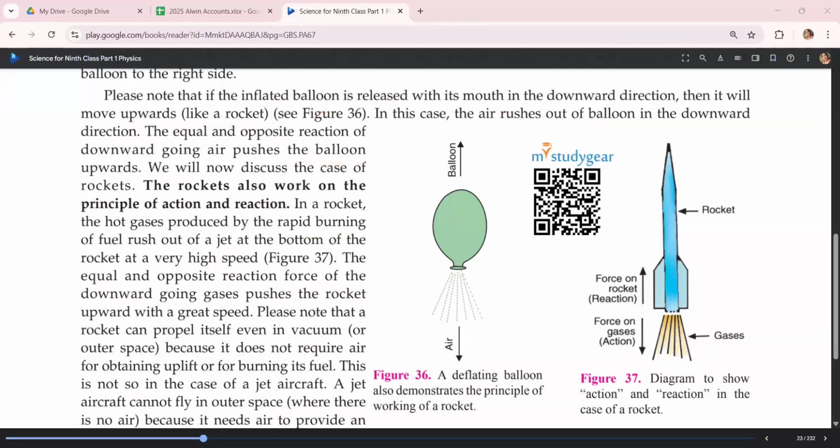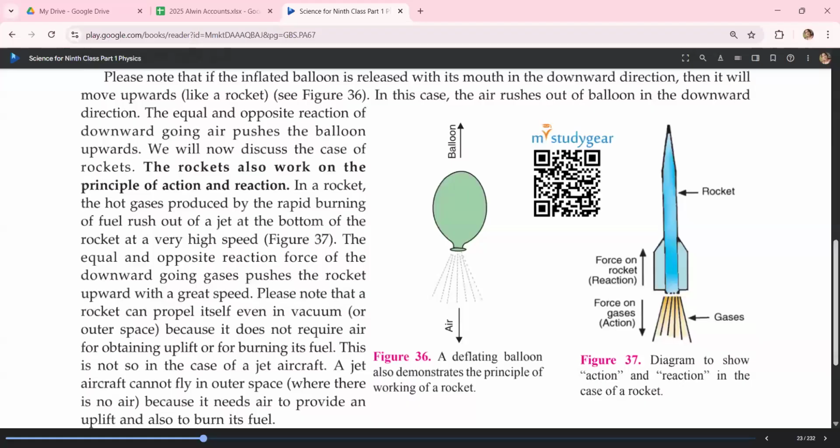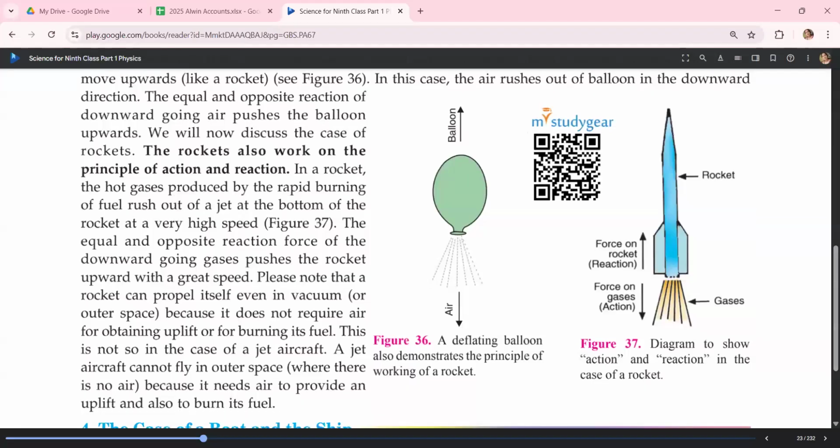So the rocket can also go ahead without air, right? The fuel that you are burning inside pushes the ground downwards, and the ground pushes the rocket forward, right? Understood or not? Yes, ma'am.